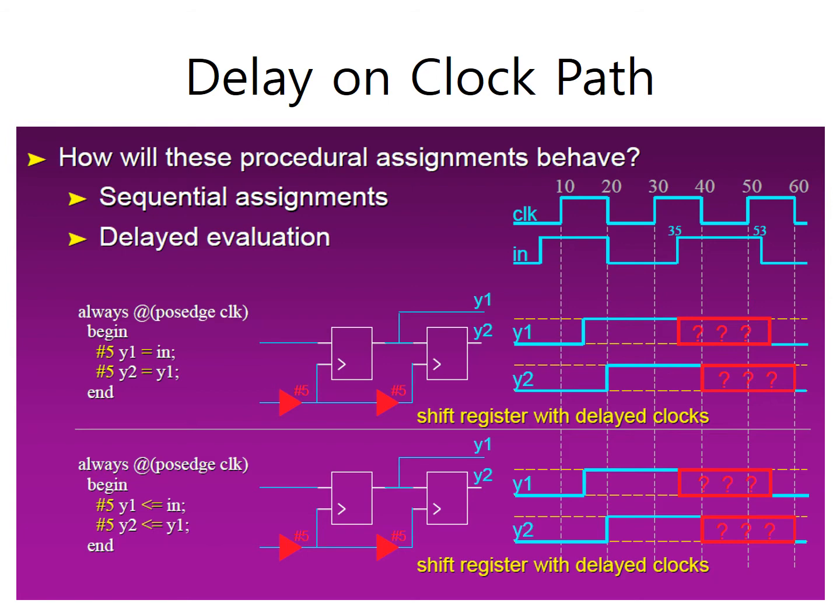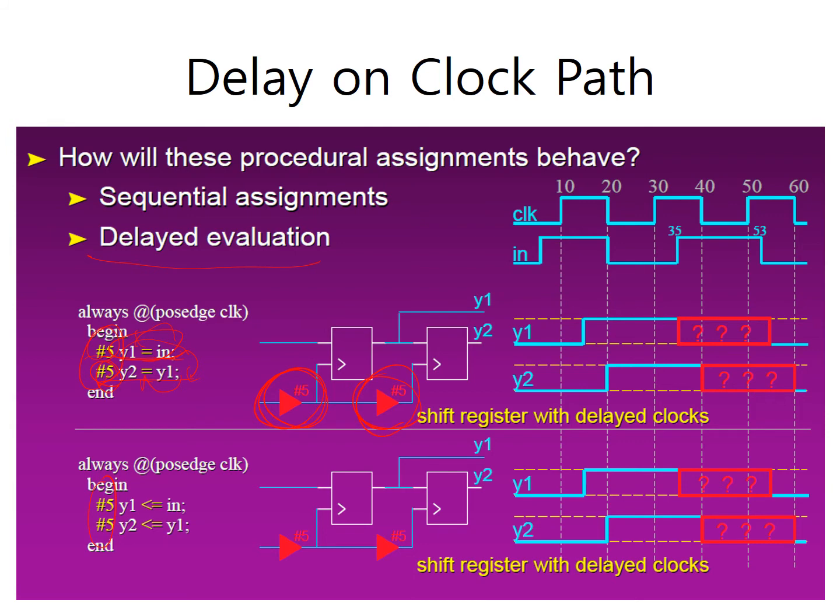In the flip-flop sequential logic description, if you put the delay at the front like this, it means a 5 nanosecond delay and then assignment. Delayed assignment. So 5 nanoseconds later, this blocking statement will be executed, and then another 5 nanoseconds later, the next blocking statement is evaluated. So it looks like there's a delay on the clock path, right?